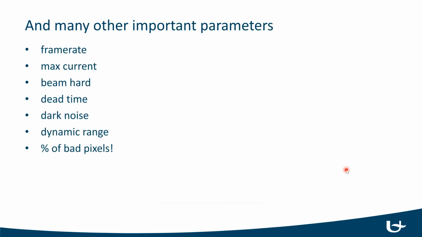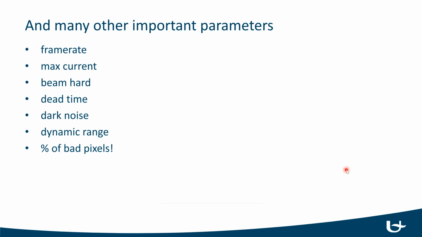There are many other important parameters, things like the frame rate, how many frames per second can you record, what is the maximum electron beam current the detector can handle, are they beam hard, are you allowed to put a certain current on the beam and leave it there overnight without damaging it, or do you have to be careful about this?